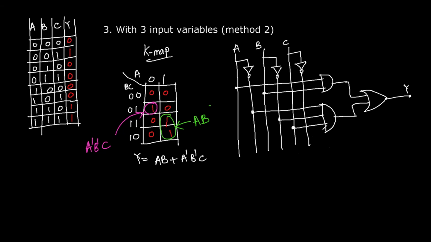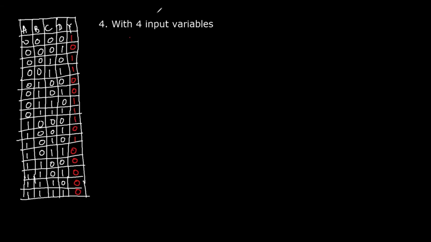And I would also like to move on to 4 input variables. How do we deal with that? So now we have the task with a truth table of 4 input variables, namely A, B, C, and D, and we have one output variable Y. How do we come up with a K-map for this? When we had two input variables, we had 2 rows and 2 columns.